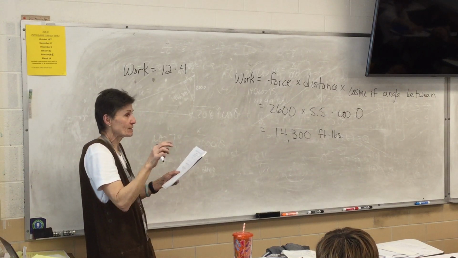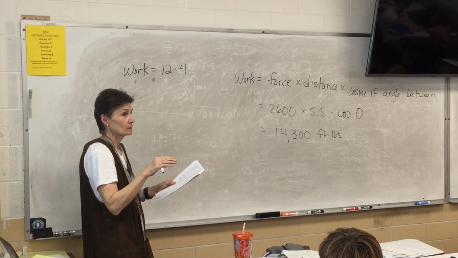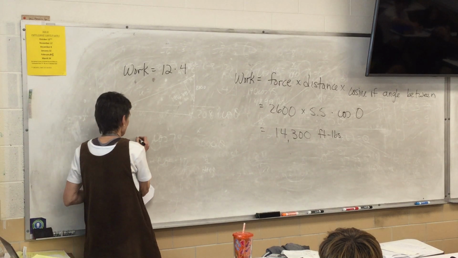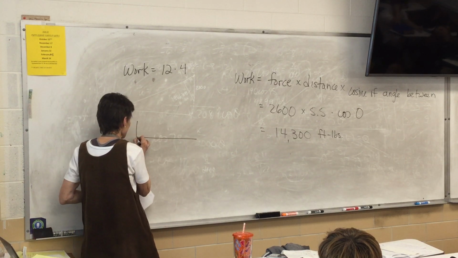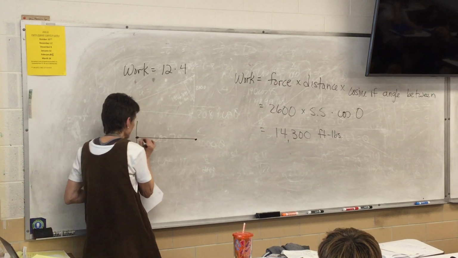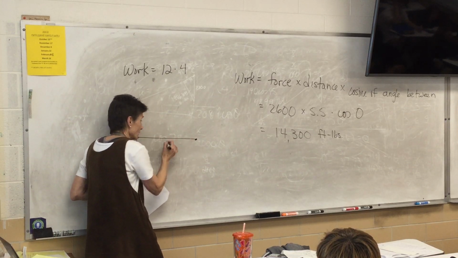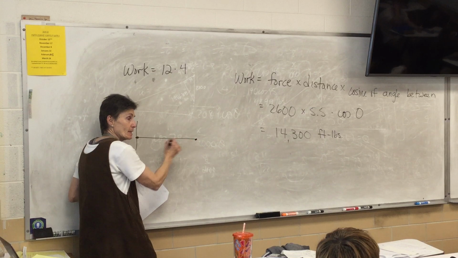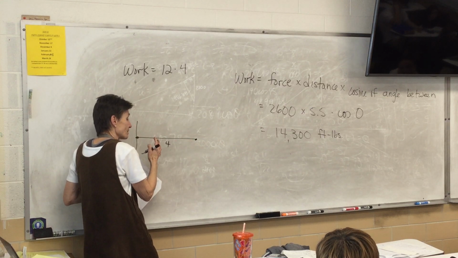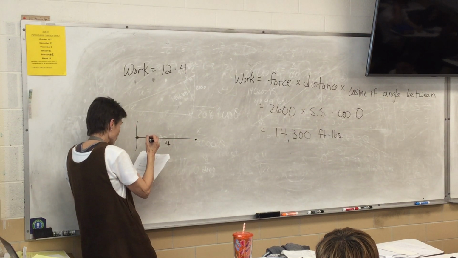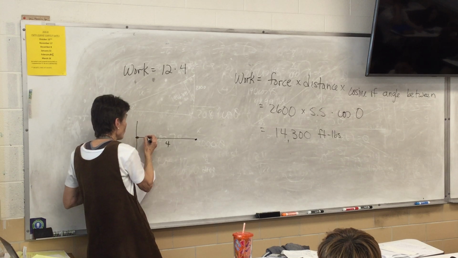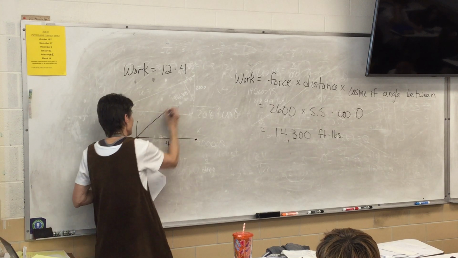It's going from 0, 0 to 4, 0. So here's 0, 0, and here's 4, 0. So the distance is horizontal. Everybody okay with that? And the force is acting in the direction over 1, up 2.